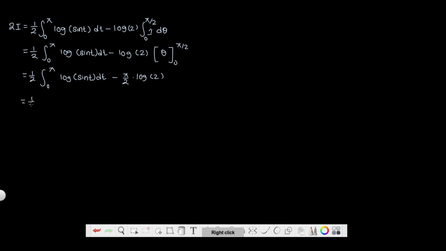So 1 by 2, we can write pi as 2 times pi by 2, which means the same. So we have got this.